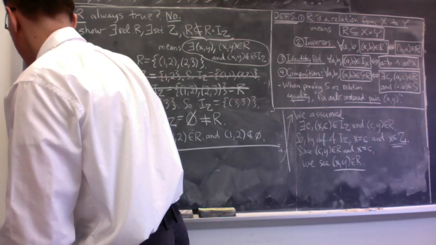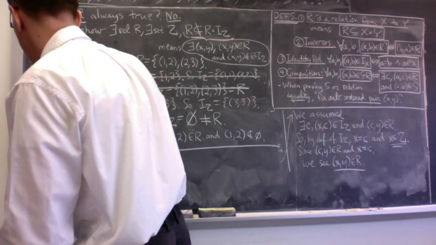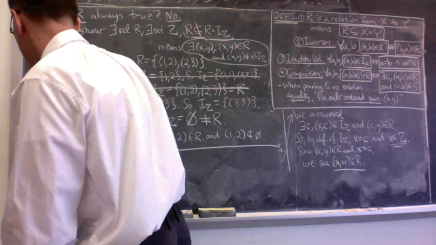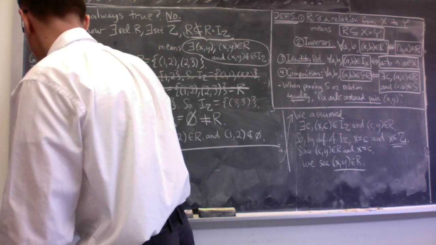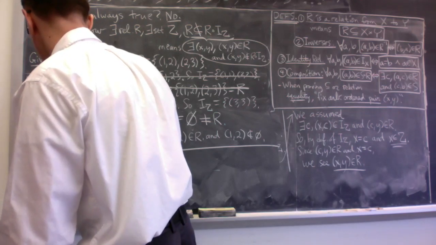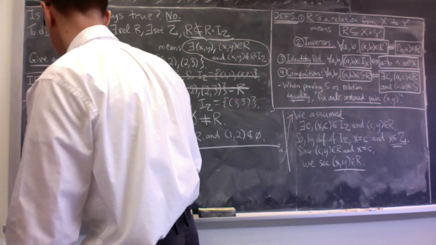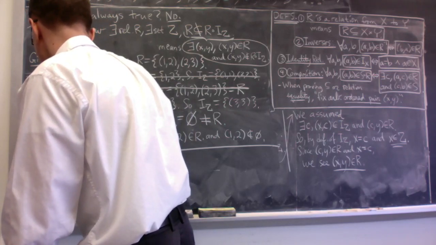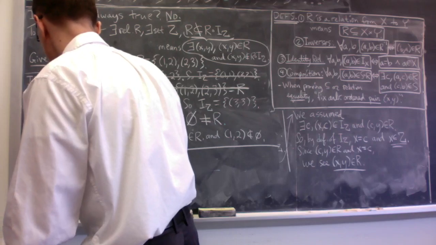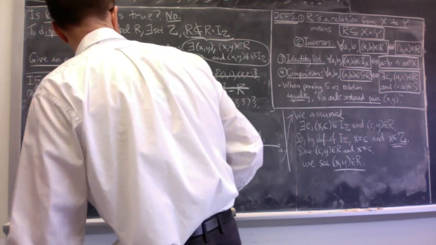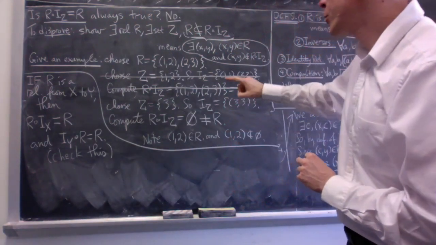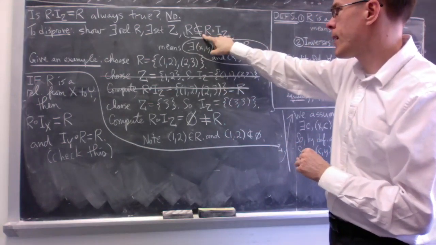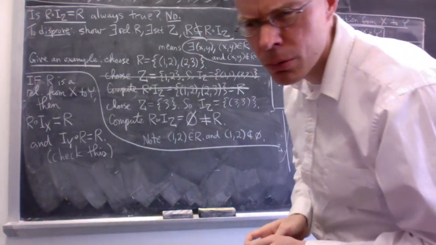But if you do R circle I sub X, that's equal to R. Equal. And if you do I sub Y circle R, that's equal to R. So check that. Someone will do that as an exercise or something. This shows you that in general, you get one subset direction, but not this direction in general.